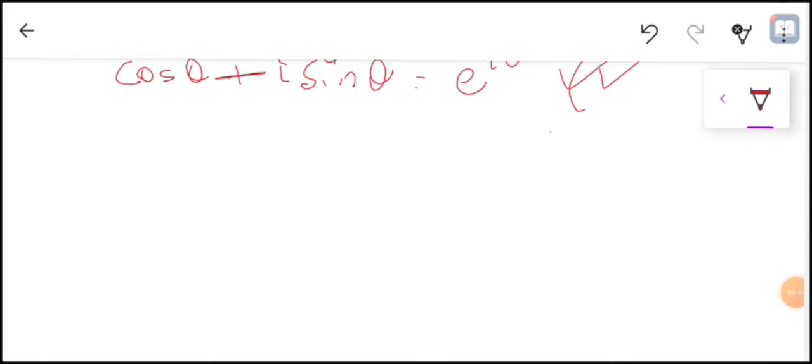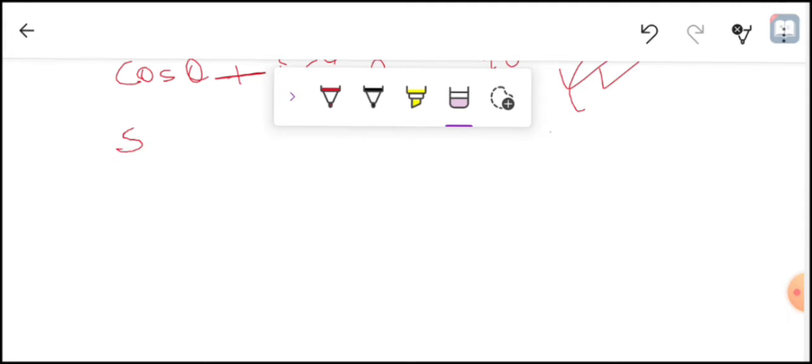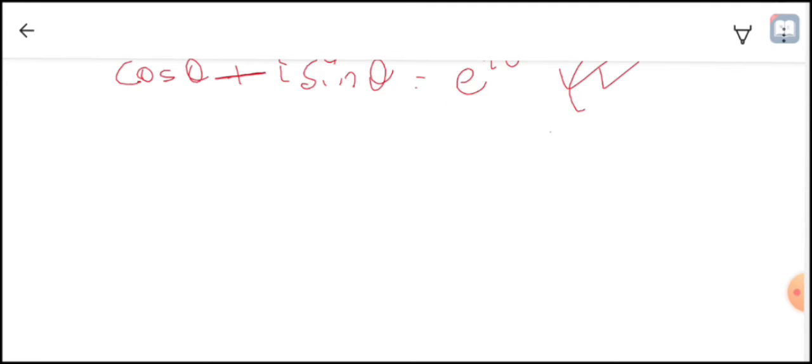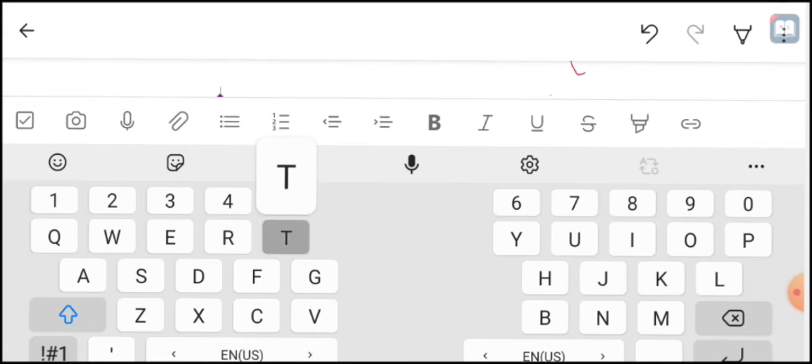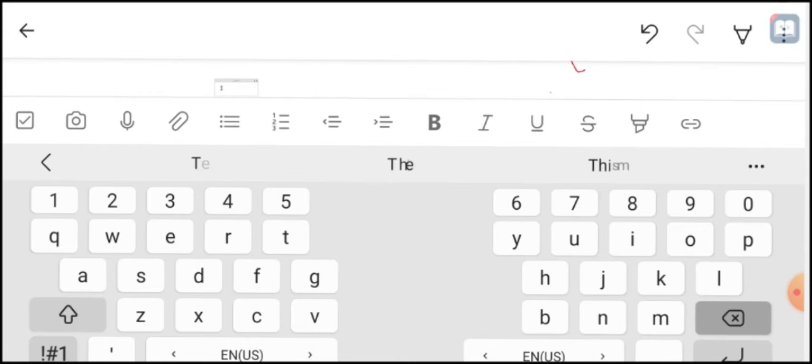Now we have to find how we can get the square root of a complex number. Determination of square root.